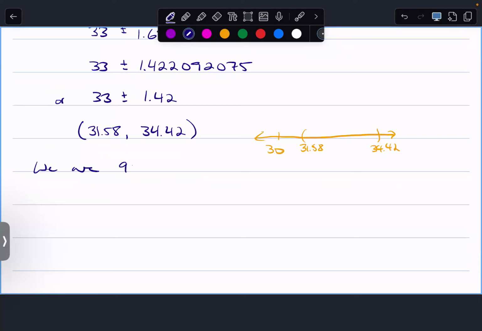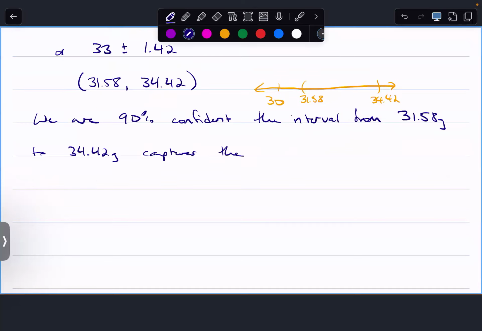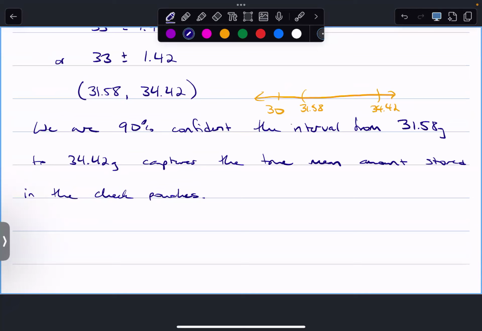So we are 90%, I'm going to try to not mix that up, 90% confident the interval from 31.58 grams to 34.42 grams captures the true mean amount stored in the cheek pouches. Any questions about that one?